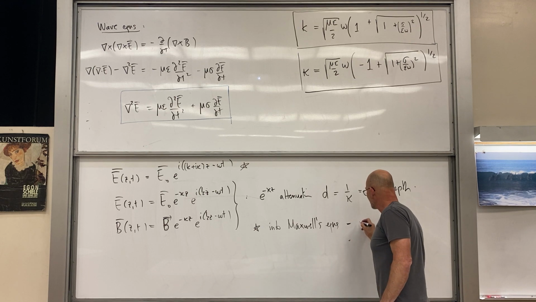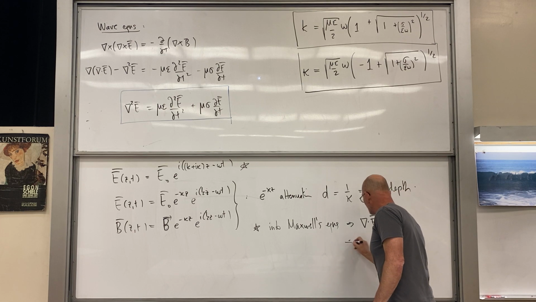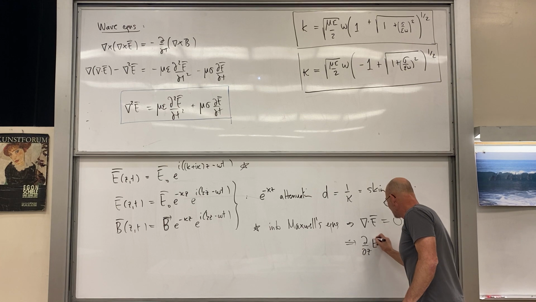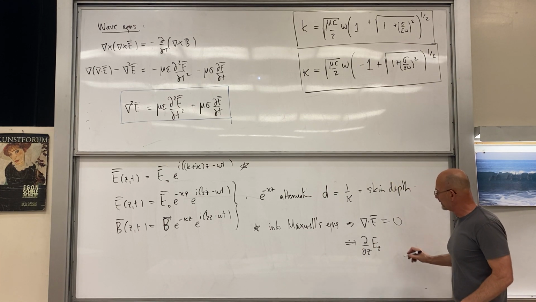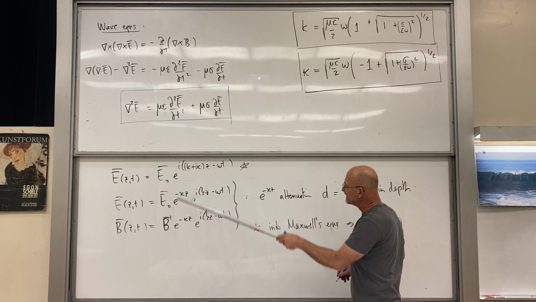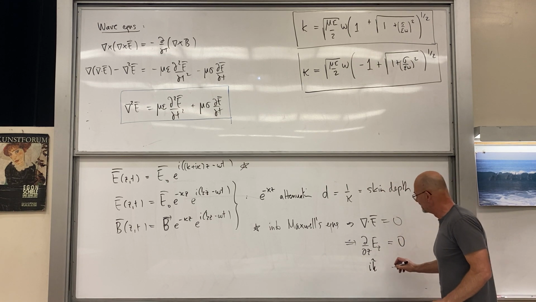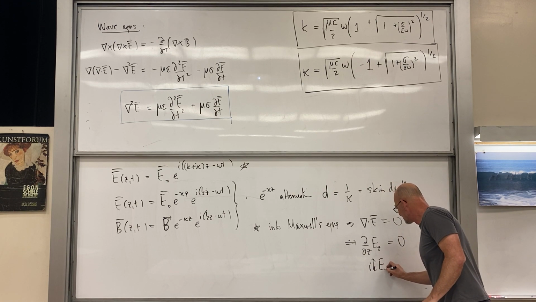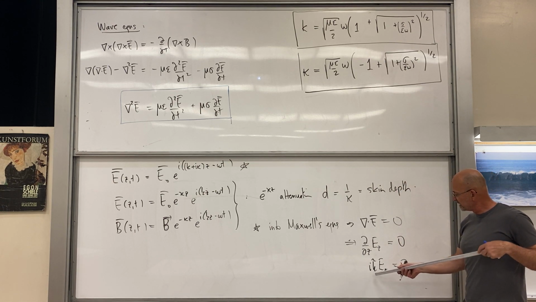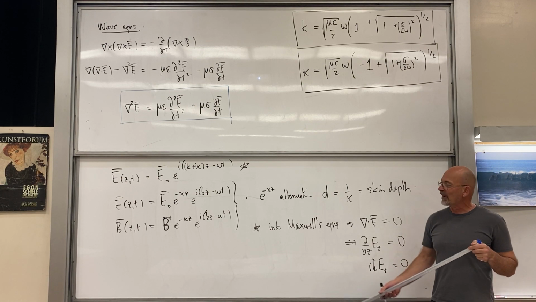So we're going to have divergence of E equaling 0, telling us that d/dz E sub z is equal to 0, but we have i k tilde E sub z. Well, k tilde is not 0, so E sub z has to be 0, so we again find transverse waves.